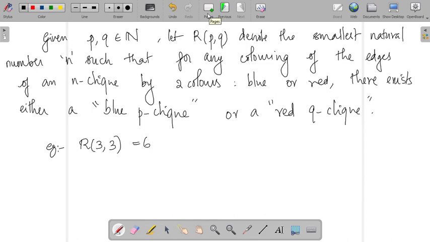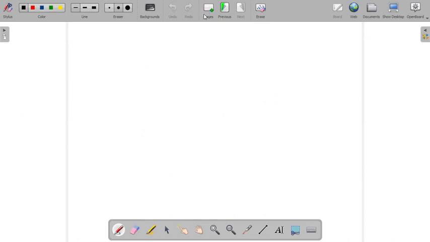Let us see quickly a few properties. So if you take R of PQ, so R of PQ will be equal to R of QP. Okay, so R of PQ എന്ന് പറഞ്ഞാൽ, for example both are equal to some N. So this is the minimum number of vertices required, such that the N click contains either a blue P click or a red Q click.